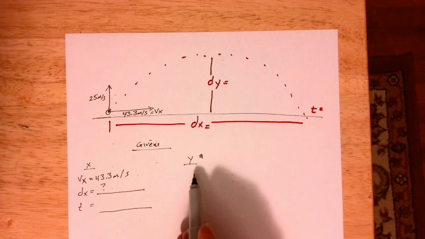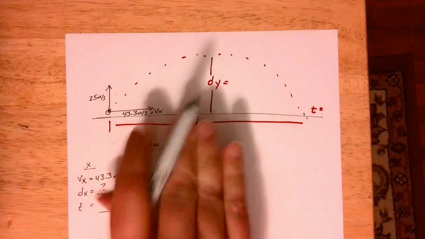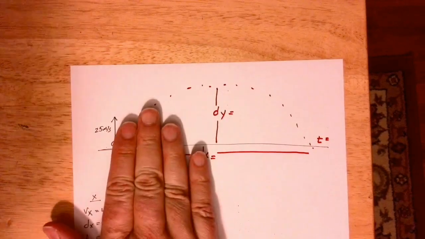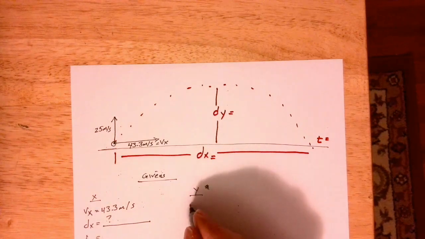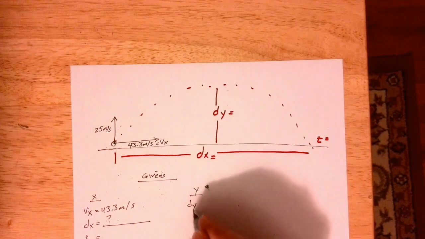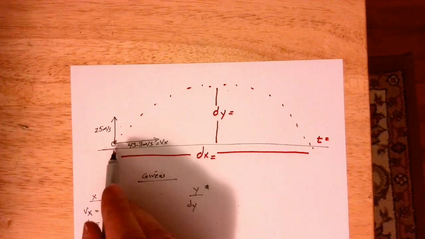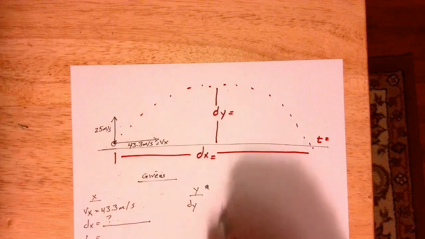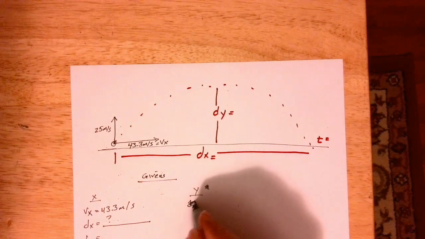Now for the y direction, we have a little more detail. The only information we have is 25 meters per second going straight up. But that's also the point where it's being treated as though an object is being thrown upward. So that is, I'm sorry, not d sub y.